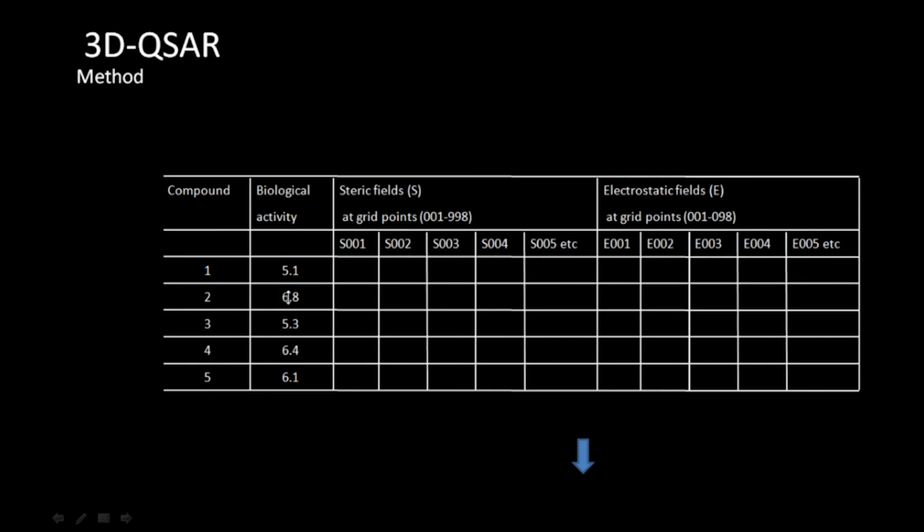Then you keep the second molecule, align it properly, and do the same thing, then third molecule, fourth molecule, fifth molecule. You also have the activity here. Then you have too many descriptors, right? You want to make use of all the descriptors, unlike in your normal QSAR where we used to develop a linear regression model with one descriptor.